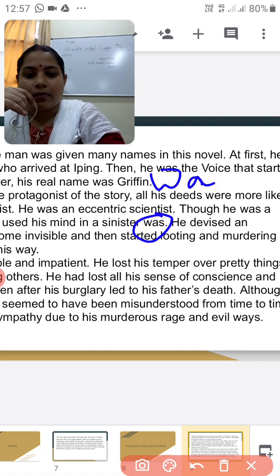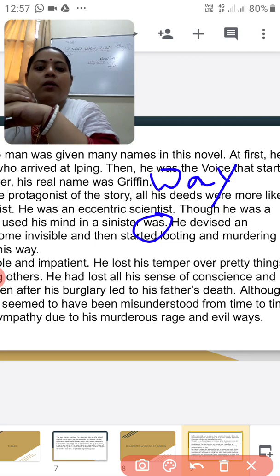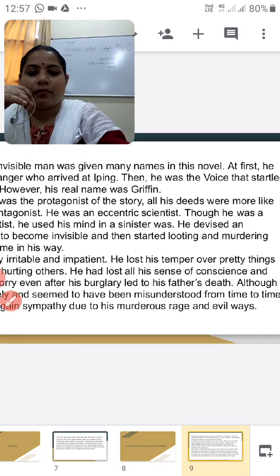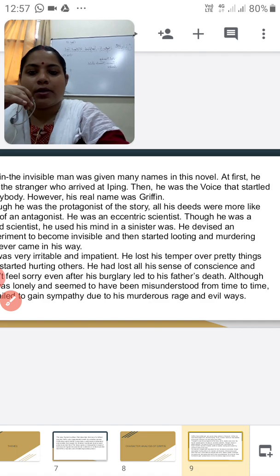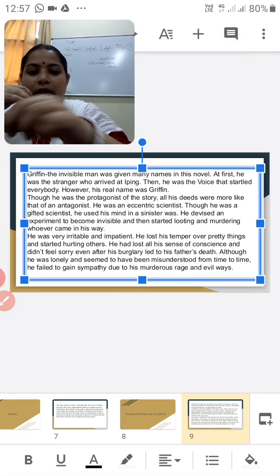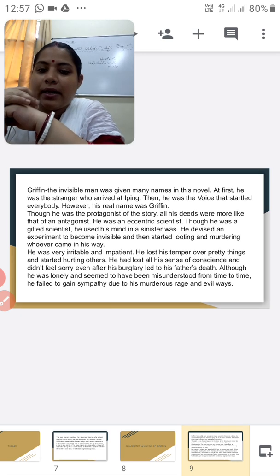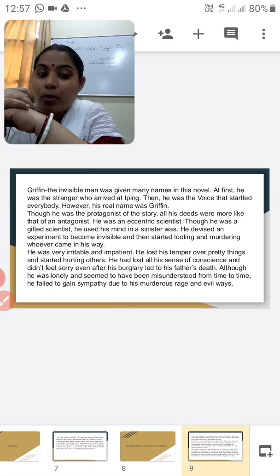Okay, fine. So he used his mind in a sinister way. He devised an experiment to become invisible and then started looting and murdering whoever came in his way.